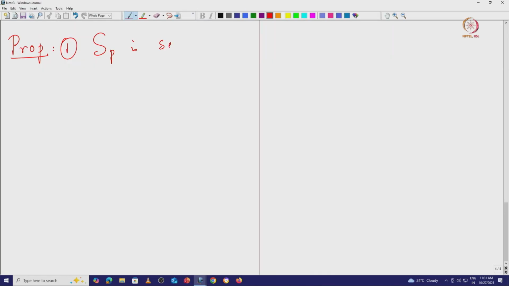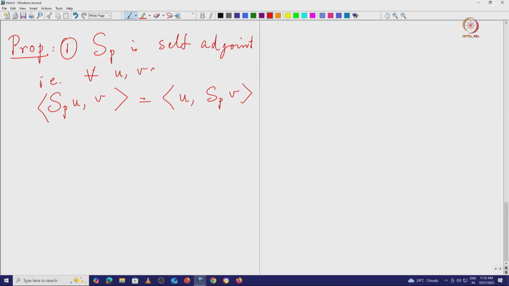So firstly, SP is self adjoint, okay, that just means that SP u comma v is equal to u comma SP applied to v for all u, v. Okay, this is obviously because of the symmetry of the second fundamental form.